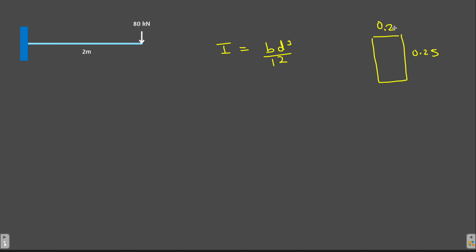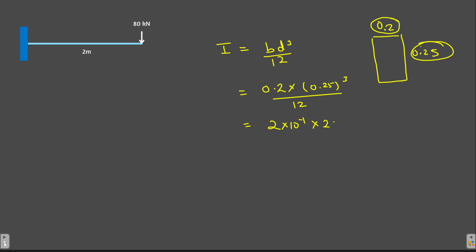So this is the width, this is the height or the depth. So B into D cube, that is 0.25 whole cube by 12. It is 2 into 10 to the power minus 1 into 25 into 10 to the power minus 2 whole cube, because it is very easy to solve it like this, by 12.